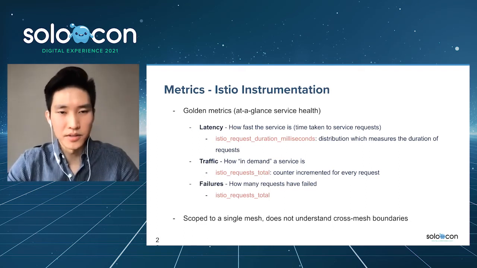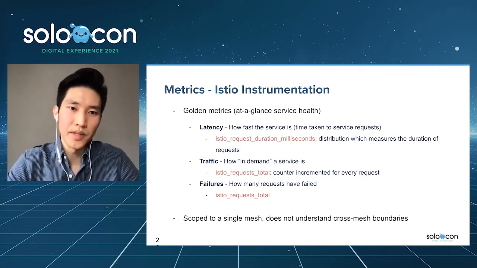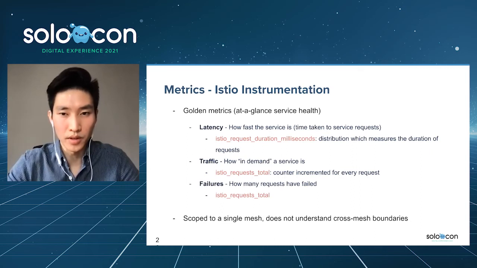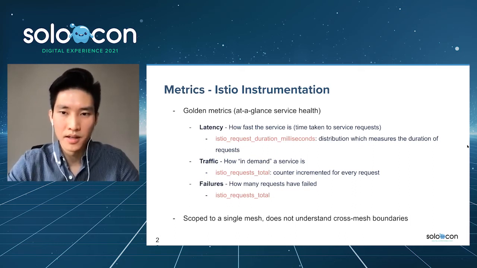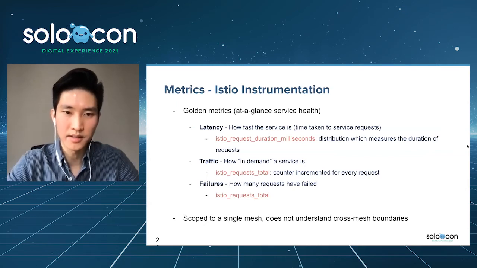So Istio's metrics instrumentation. Istio provides instrumentation for what are called the golden metrics. Golden metrics provide a bird's eye view of the overall system health. And there are three typical categories: latency, traffic, and failures. Latency metrics provide us with a measure of how slow or fast the service is. It's the time taken to service requests, and it's typically measured in percentiles.